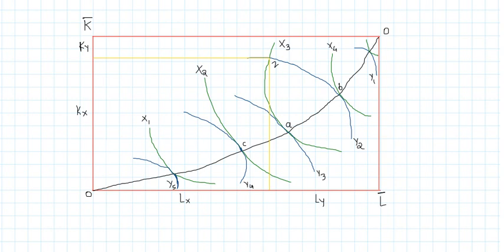Similarly at point C, the slope of isoquant X2 is equal to the slope of isoquant Y4. So in general you can say that MRTS of X is equal to MRTS of Y. This is the equilibrium, that's how you can analyze the equilibrium.